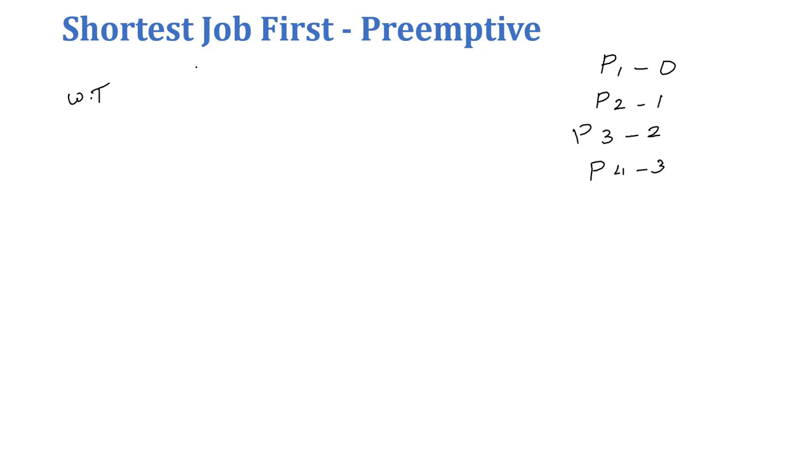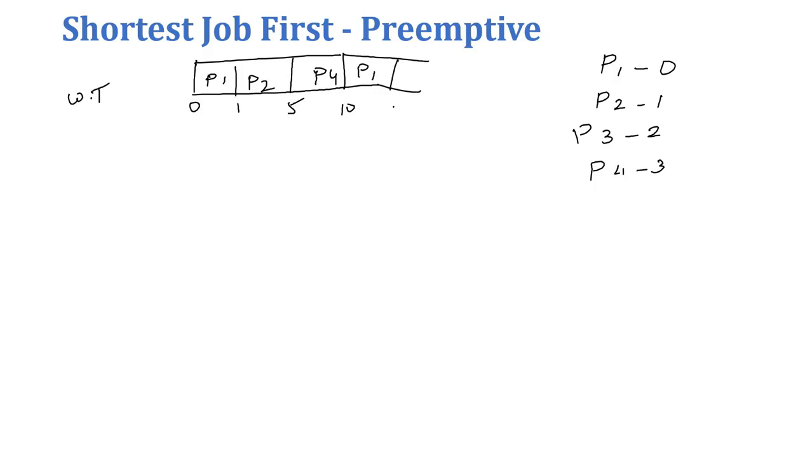This is our Gantt chart from the previous slide, ending at 26. Now we need to calculate the waiting time for each and every process, with some careful calculation.